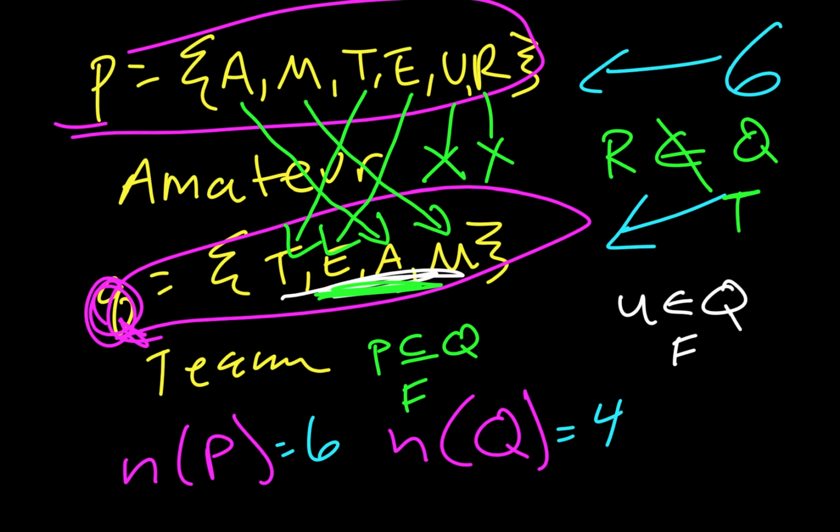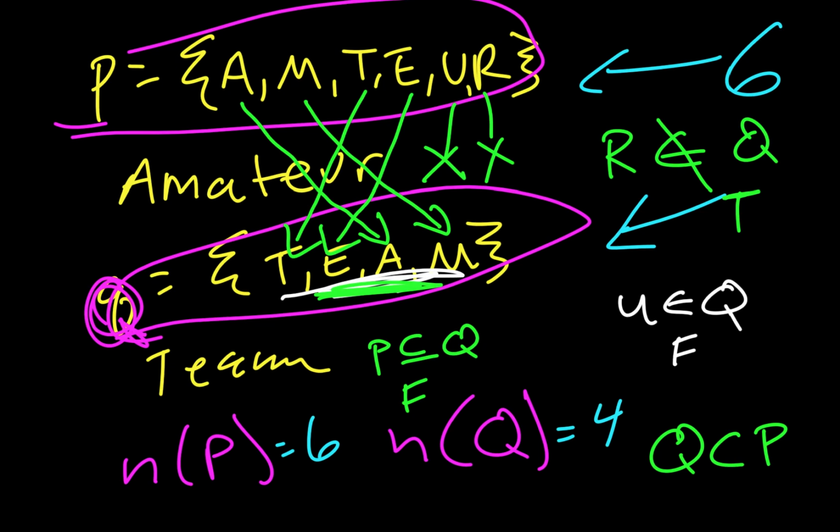Okay, and the last one, Q is a proper subset of P. Now, just the nuance between subset and proper subset. Let's talk about subset first. So for subset, where the line's under it, it means that all the elements in the first one are found in the second one.